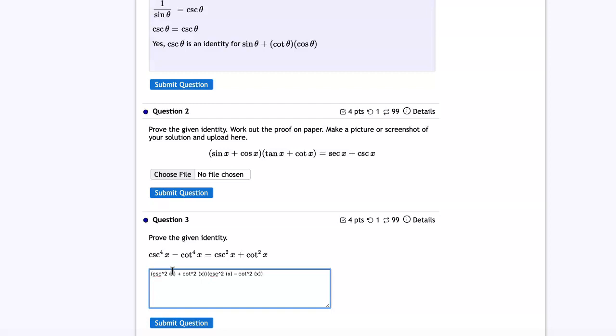That would be the difference of squares. So that's the left-hand side factored.